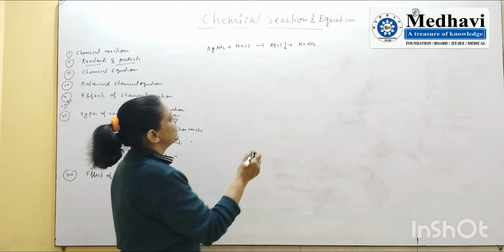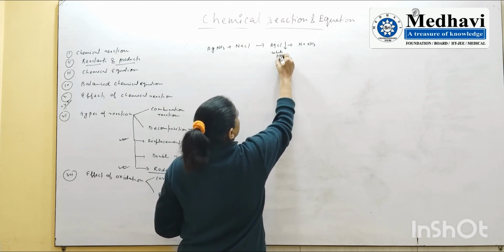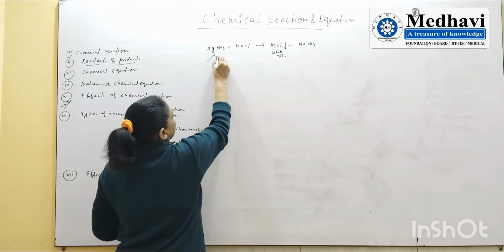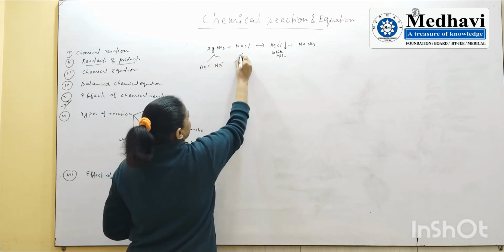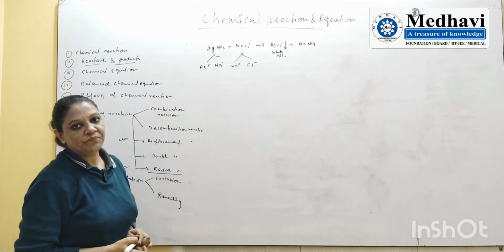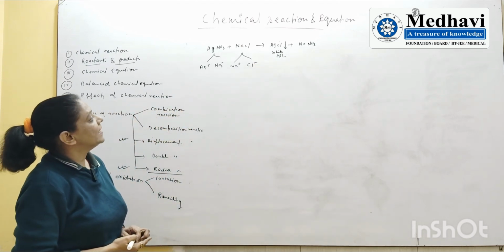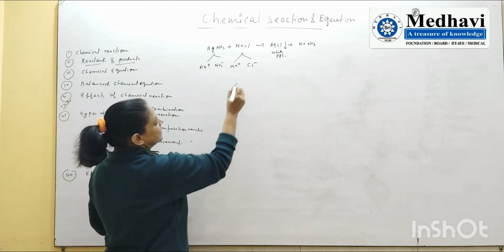This is the white PPT. So what is happening here: silver nitrate is present in the form of Ag plus and NO3 minus, and NaCl is present as Na plus and Cl minus. So the exchange of ions takes place between the respective compounds and the products are formed.